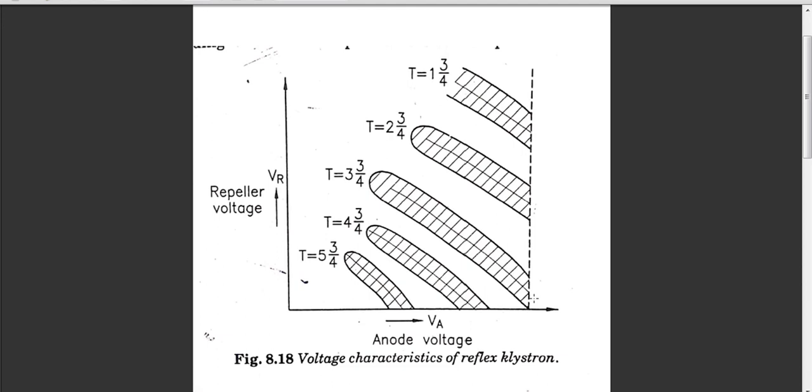Because here we can see that the repeller voltage required by this mode and this mode is comparatively less as compared to this particular mode, and that is why these two modes, n equals 2 and n equals 3, are most widely used.